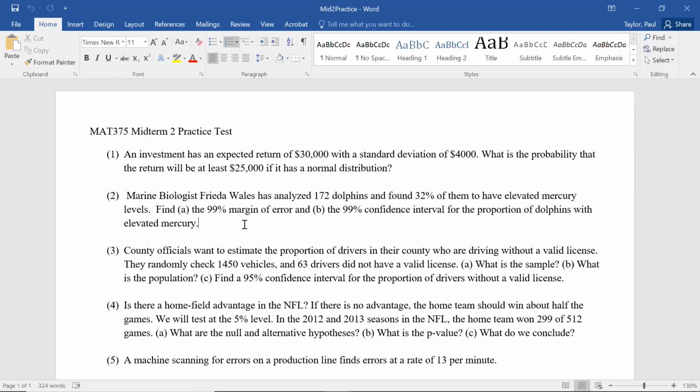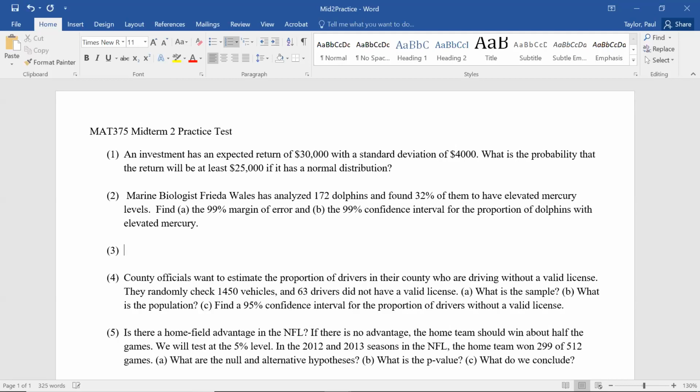We're told the percent of dolphins that have elevated mercury level. So the first thing we need to do is convert that 32% to a number of dolphins. So 32% of 172, that is 0.32 times 172. And that comes out to about 55.